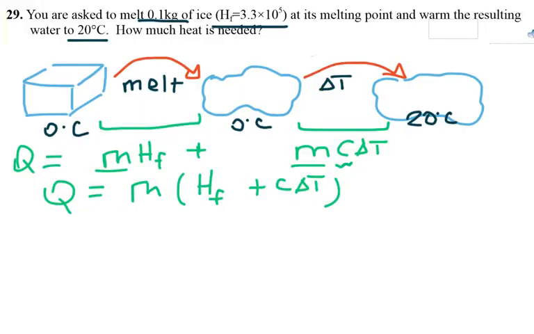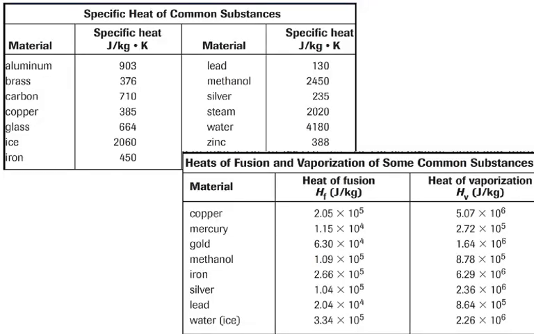Now if I plug in the numbers, the mass given is 0.1. The heat of fusion, which I will usually give to you on the test, is at the end of the table: for ice it is 3.3 times 10 to the 5th.